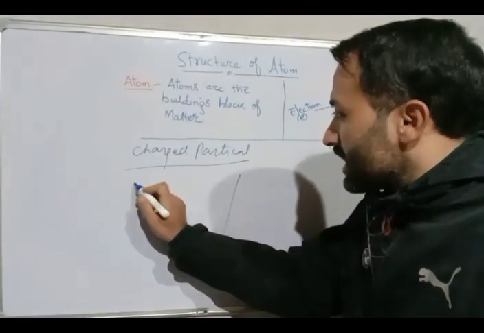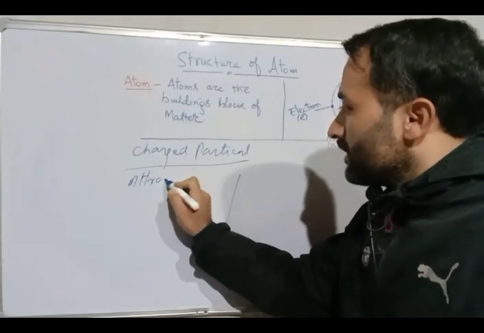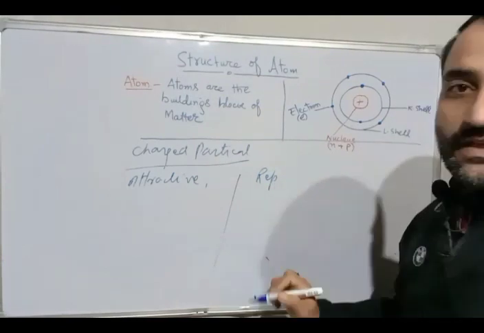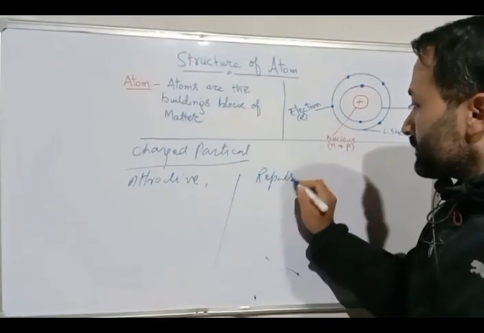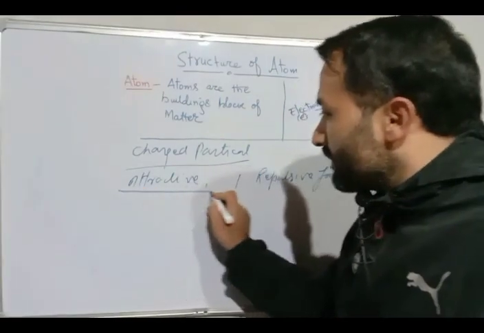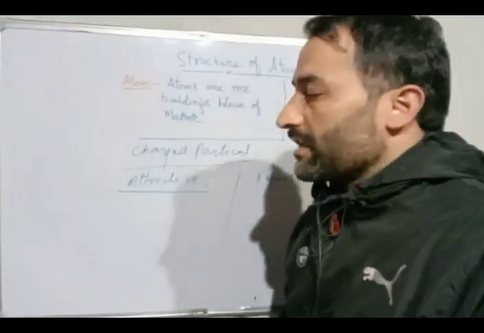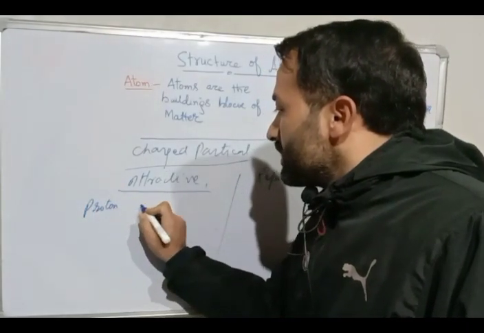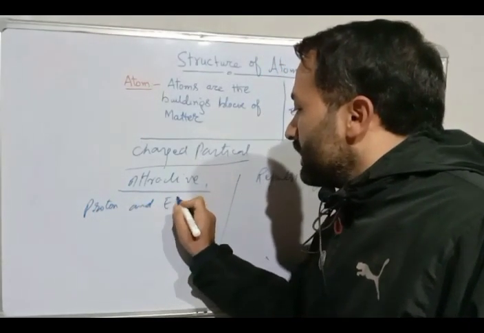One type of force is attractive force, and another type is repulsive force. Attractive force is between unlike charges, and the two unlike charges are proton and electron.